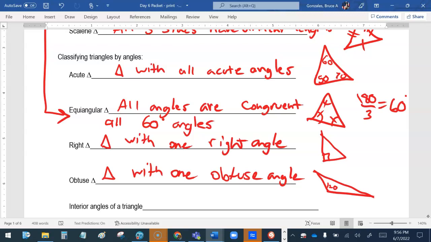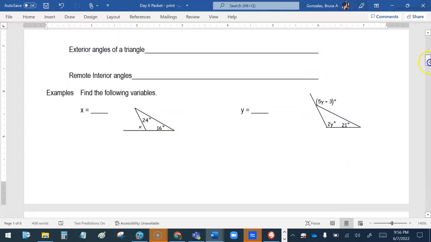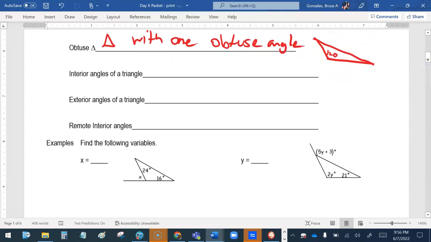All right, interior angles of a triangle are angles inside of a triangle.